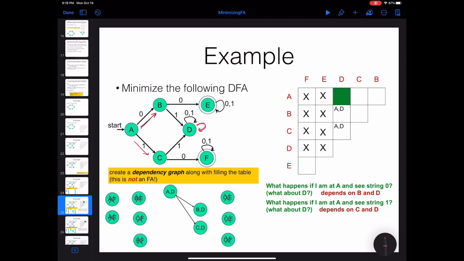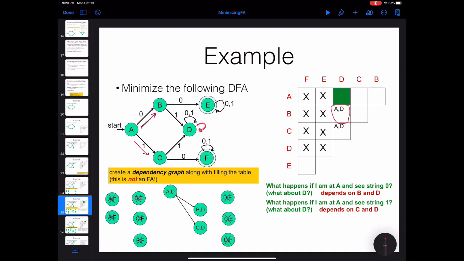So I'm done with this cell. One more thing, I just forgot that we have to write down these dependencies somewhere, right? I'm going to write them down in the corresponding cell of BD. I am writing down that dependency of AD.